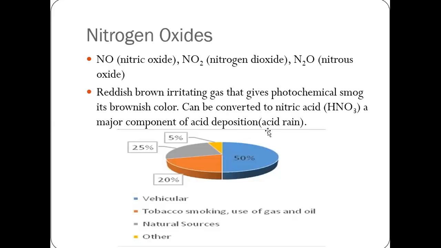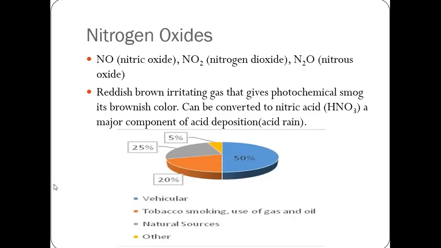So as you can see, the impact of acid rain and of nitrogen oxide present in the atmosphere does not only pollute the environment or the atmosphere primarily, but it also pollutes the land as well as the water that is present in our land.